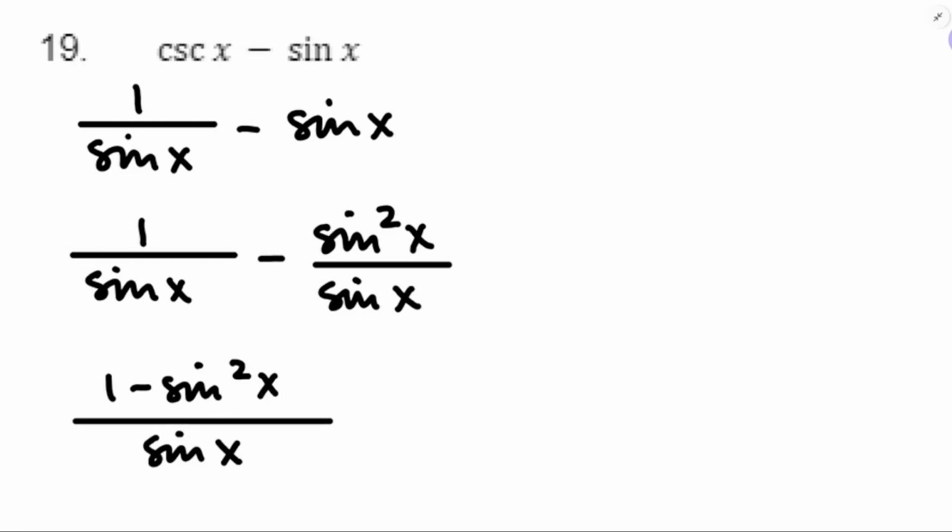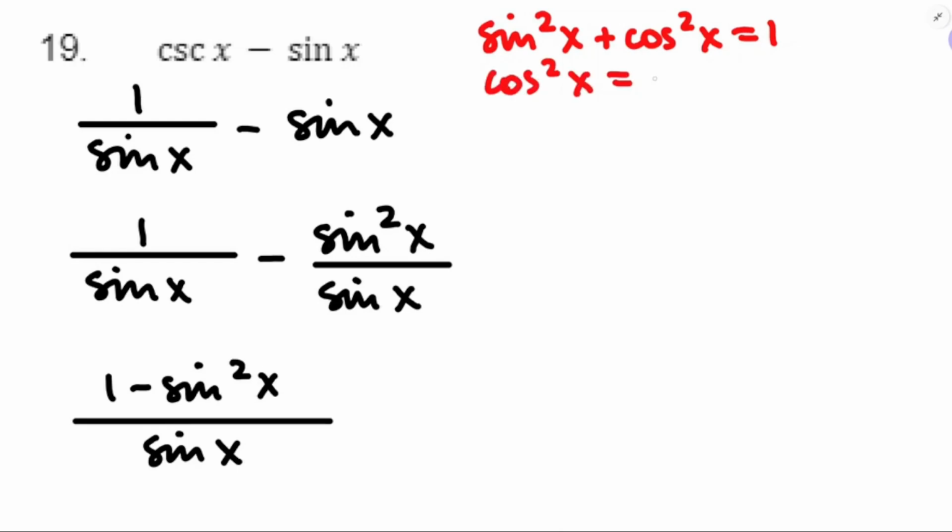All right, 1 minus sine squared x. That requires an identity. We know that sine squared x plus cosine squared x equals 1 for every x. So 1 minus sine squared x is equal to cosine squared x. So I'm going to have cosine squared x divided by sine x.